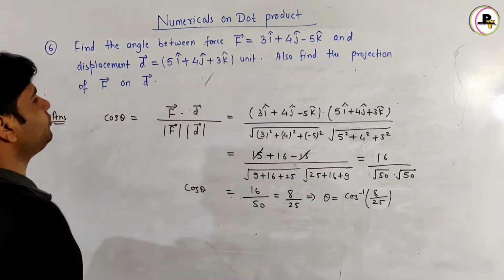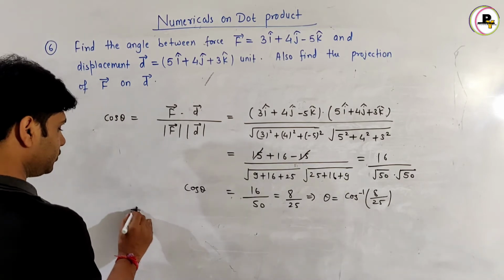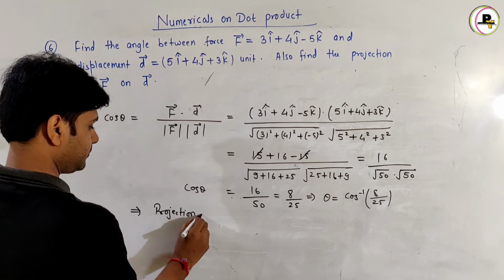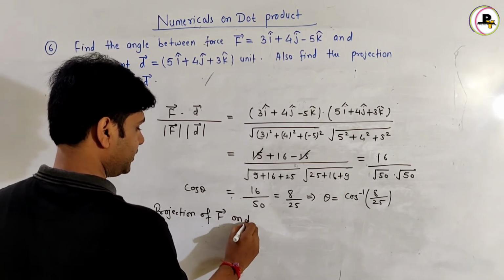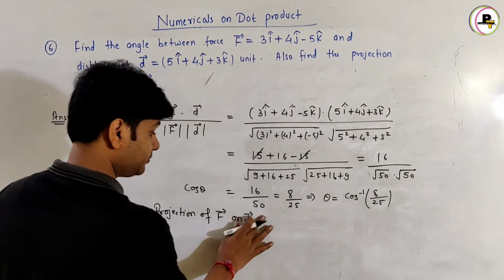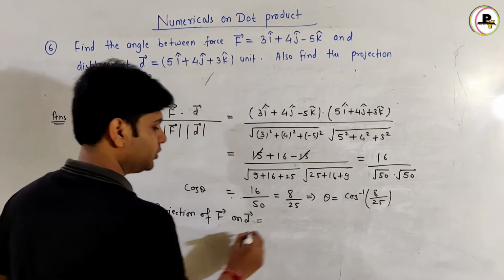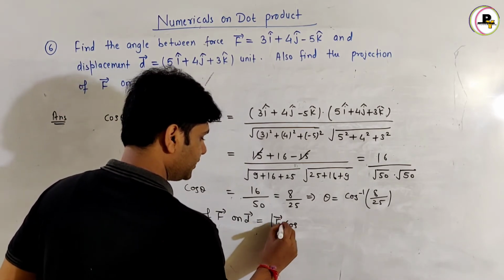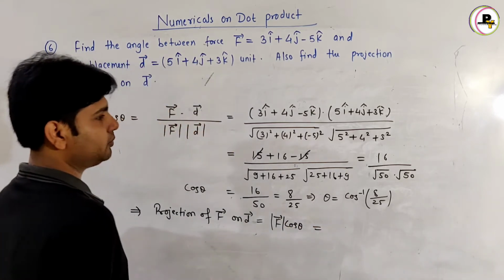Now second, I need to find the projection of f vector on d vector. So projection of f vector on d vector in scalar form, I am not taking in vector form, I am taking in scalar form, is equal to mod of f vector into cos theta, and therefore it is equal to, what is mod of f vector?